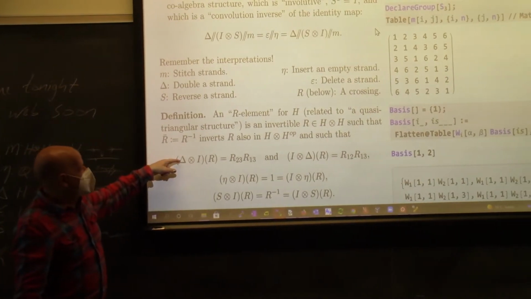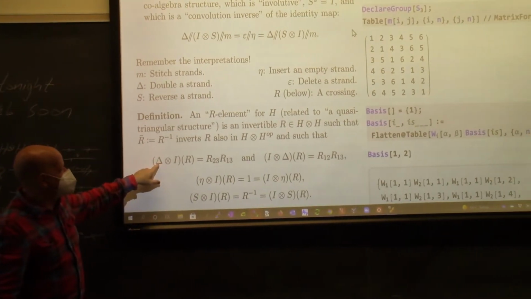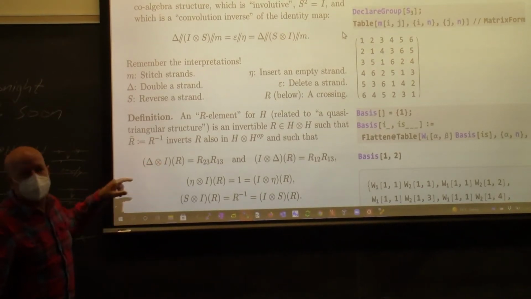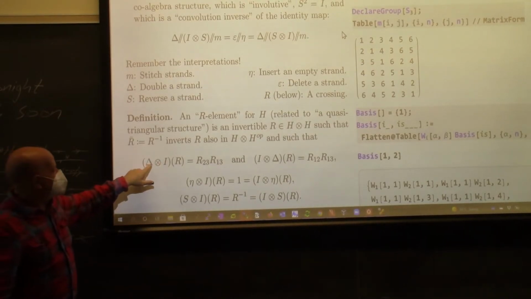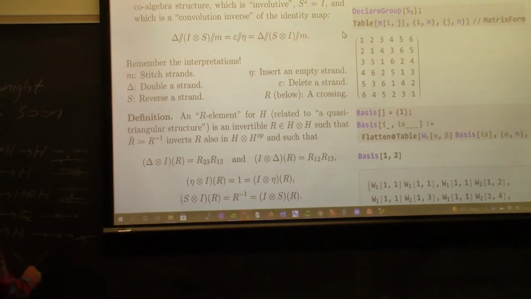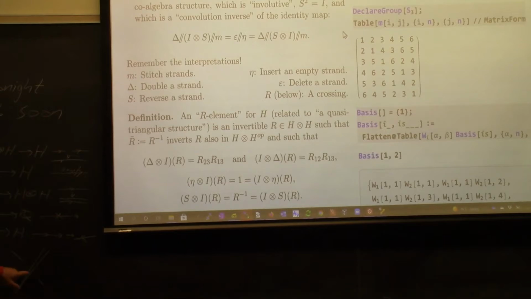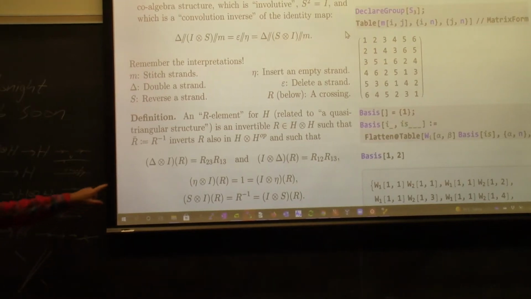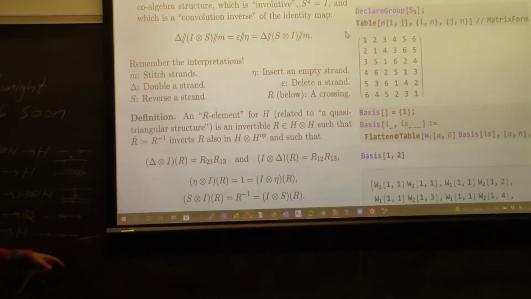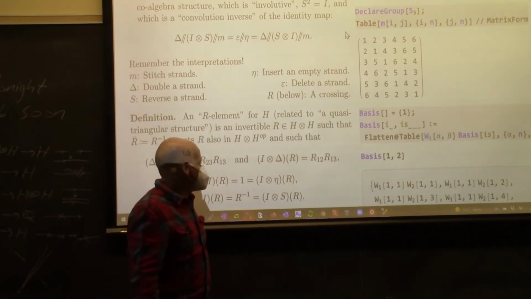And then there are those two equations, the so-called triangularity equations, that say that if you have a crossing and you double a strand, then, so this is the left-hand side, it becomes a product of two crossings. And likewise, if you double the other strand.